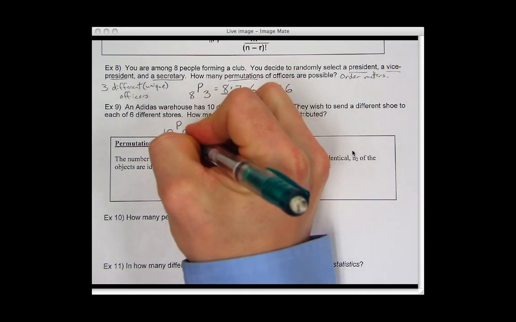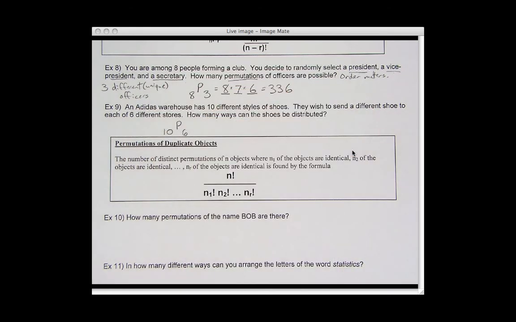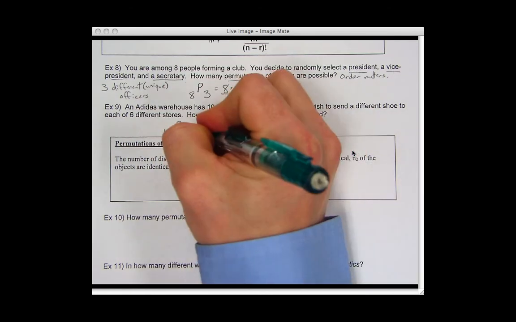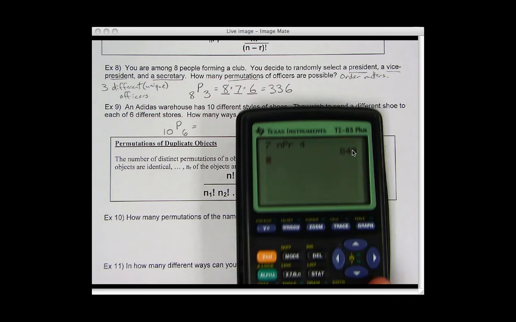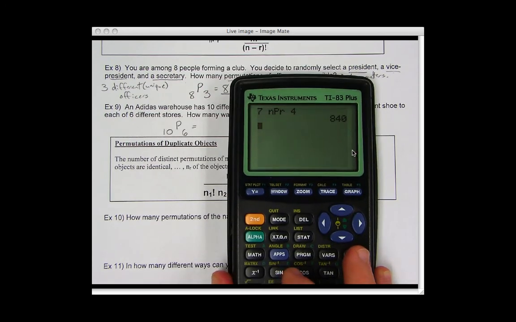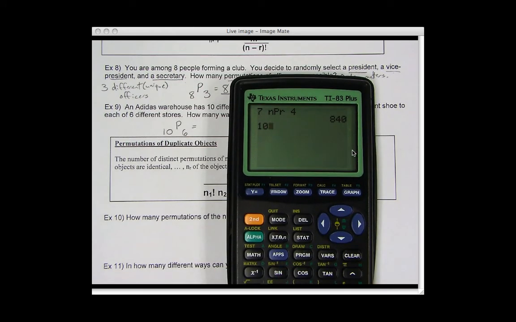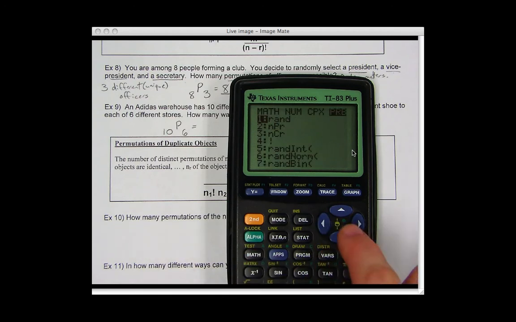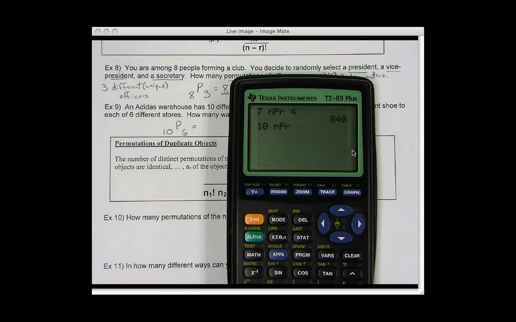And we're going to 6 different stores here. So we get 10P6. Let's use our calculator for this one. So we have 10, math, PRB, and then nPr, and then 6. Hit enter. We have 151,200.